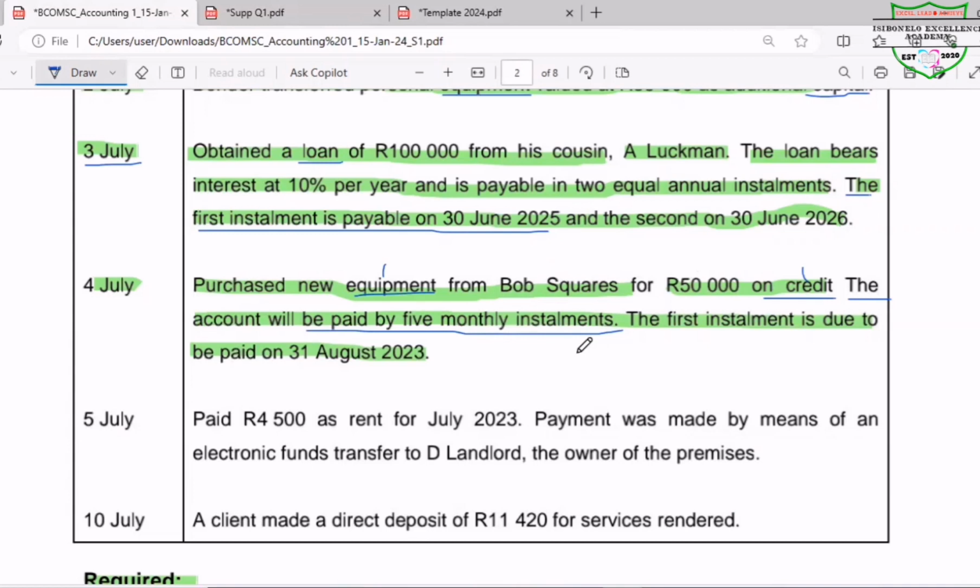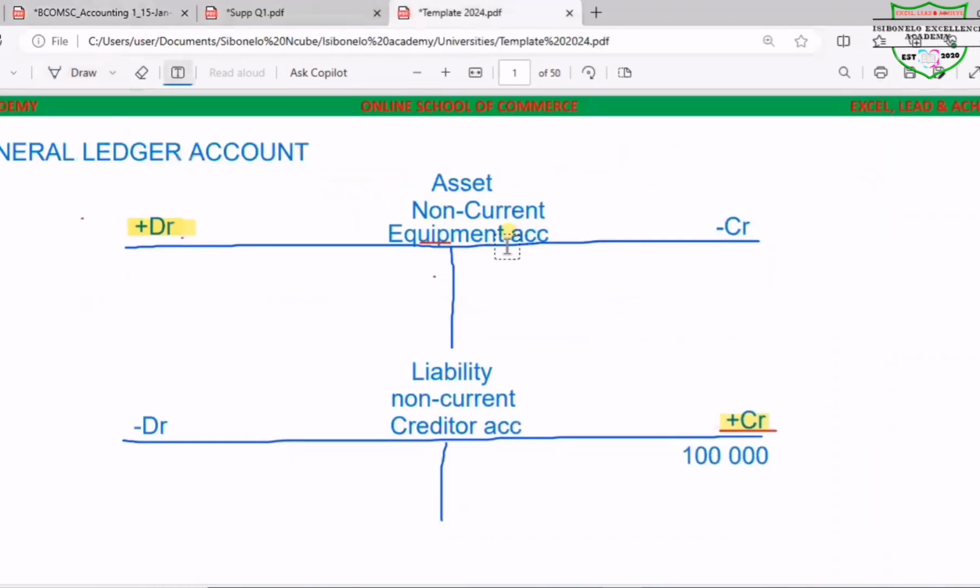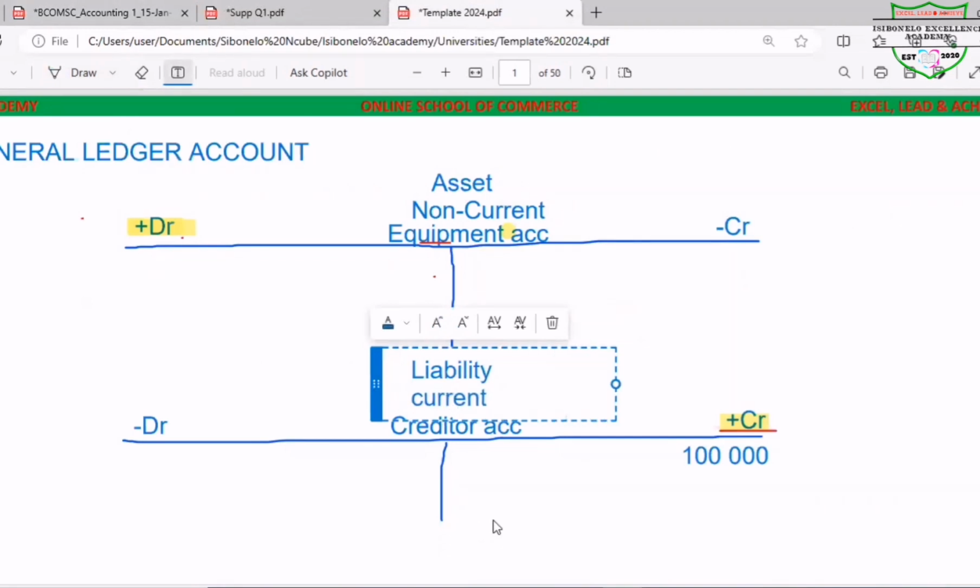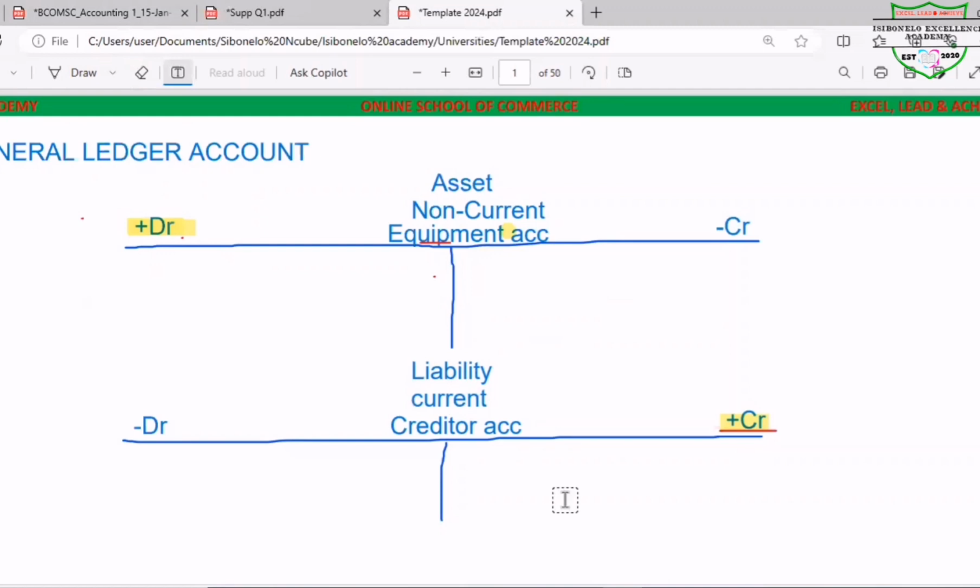So the balance will be settled within 12 months. Any debt that is settled within 12 months is classified as what? I've told you guys, it's classified as a current liability. So it's the creditors account, and it's classified as a current liability.